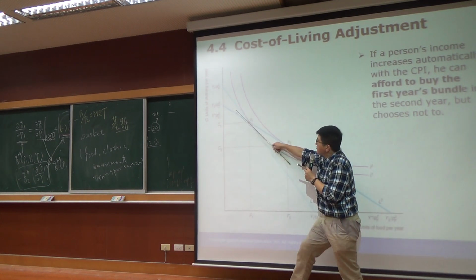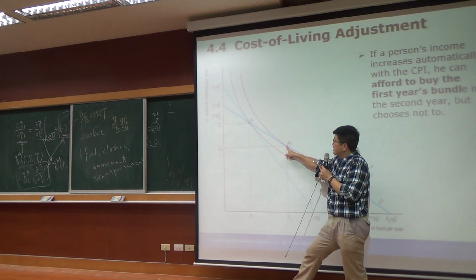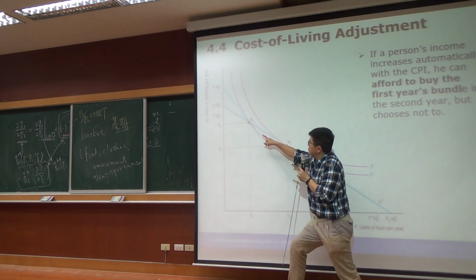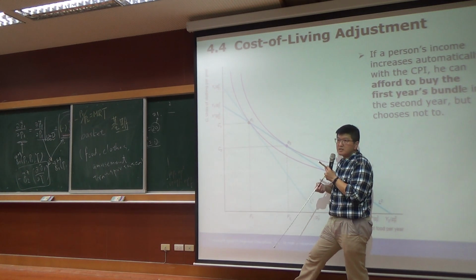However, this type of adjustment can provide you a chance to be better off. Okay? You may be better off because you can choose another consumption bundle in this case.